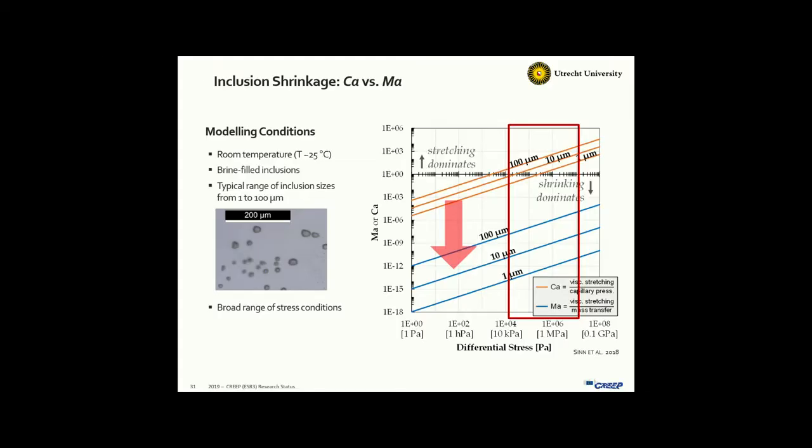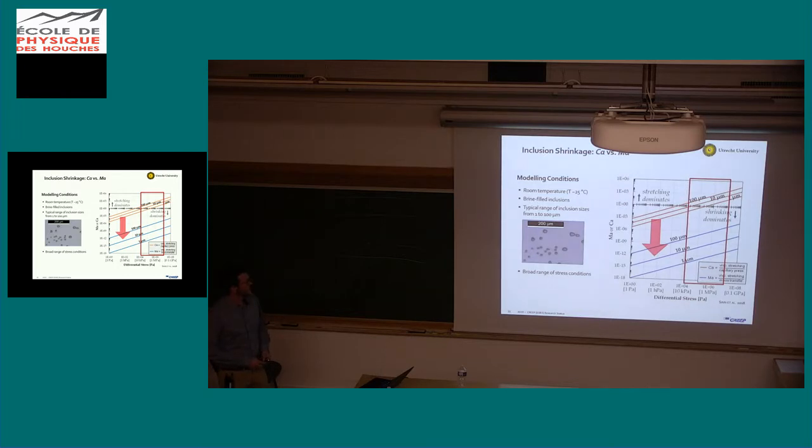When we look at natural, or less realistic natural conditions, we do indeed see that the numbers regarding the capillary number concept are above 1, maybe up to 1000, which goes in line with the assumption that this paper made, that it's above 1, so the inclusion is stretching with the material and connecting and forming a fluid network.